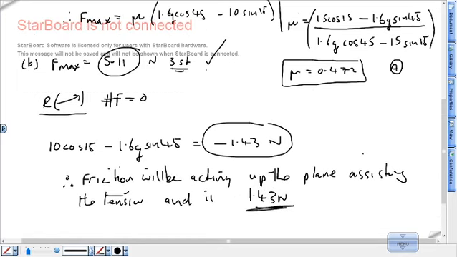Okay, so for this question, we only had to look at the tension component going up, the weight component dragging it down, and that gives us this discrepancy of 1.4 newtons. We said up is positive, so it's acting downwards. There's more weight pulling it down, so friction is going to need to aid it by acting upwards.